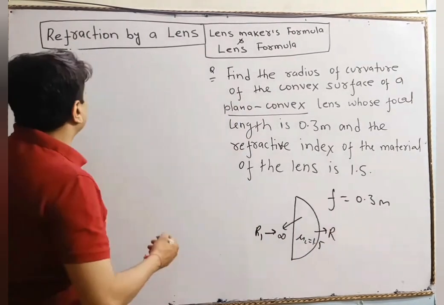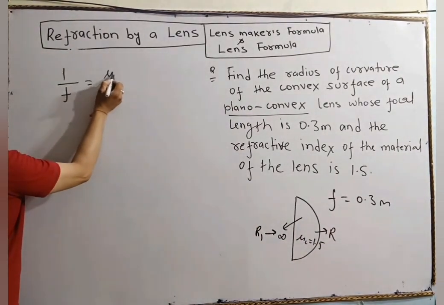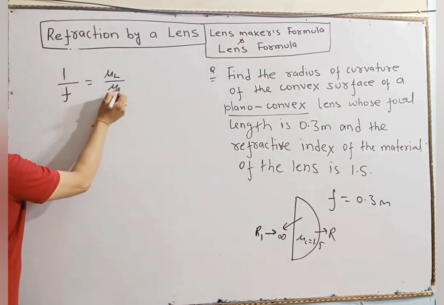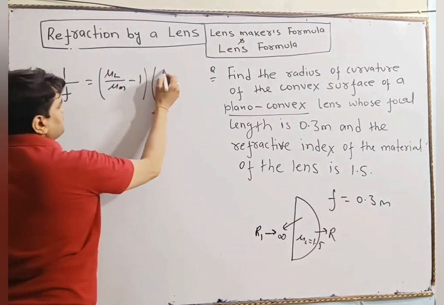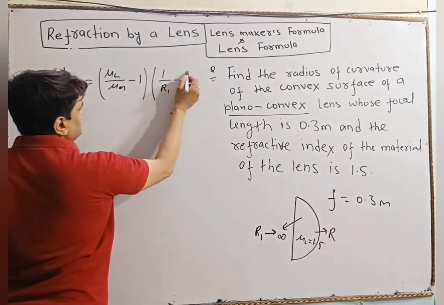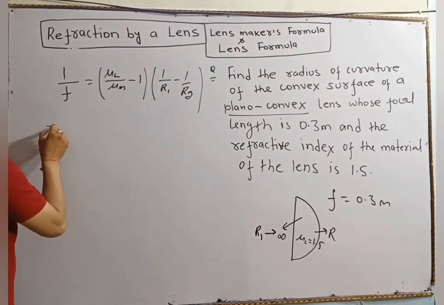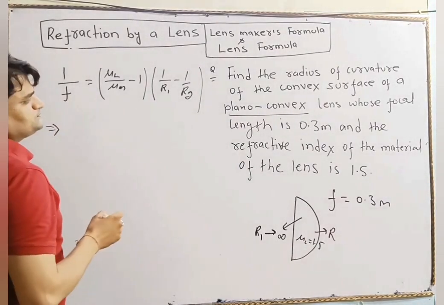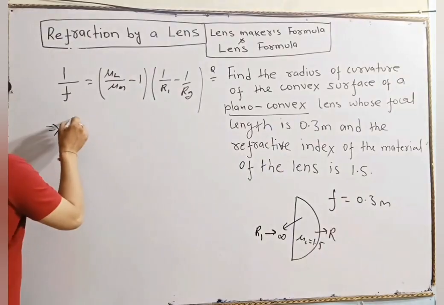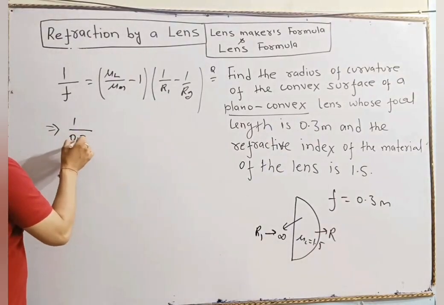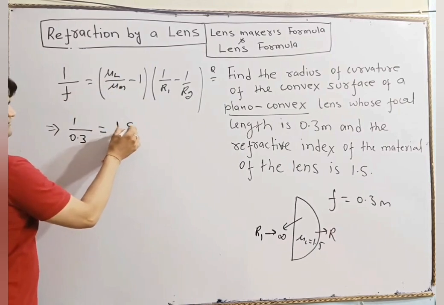The material of the lens, that means mu L, is 1.5. Just put the value. We have the lens formula 1 upon F equal to (mu L upon mu M minus 1) times (1 upon R1 minus 1 upon R2). Focal length is given 0.3 meter, that means 1 upon 0.3. And mu L is 1.5.